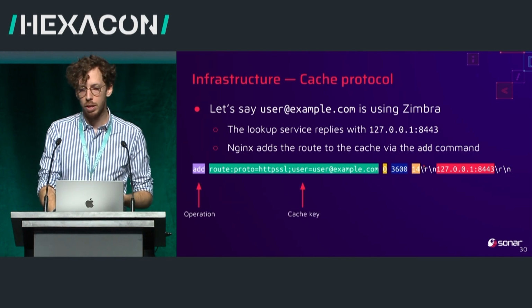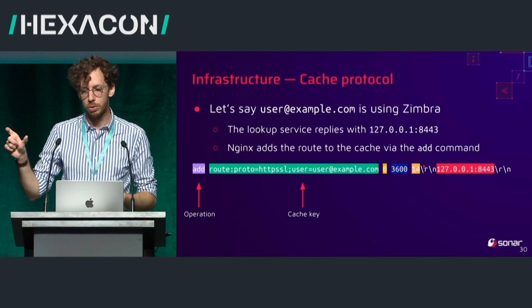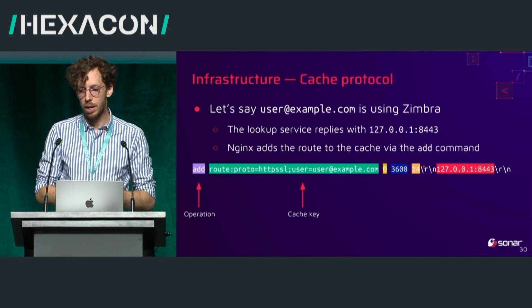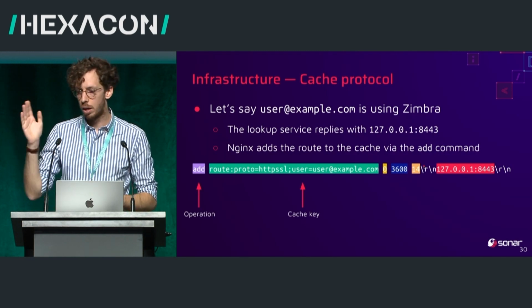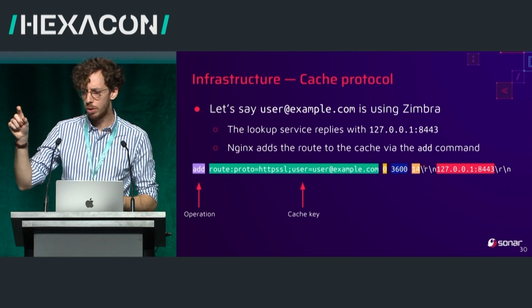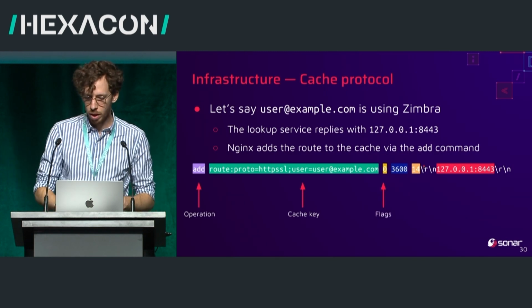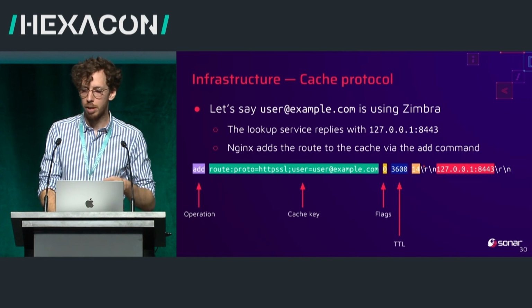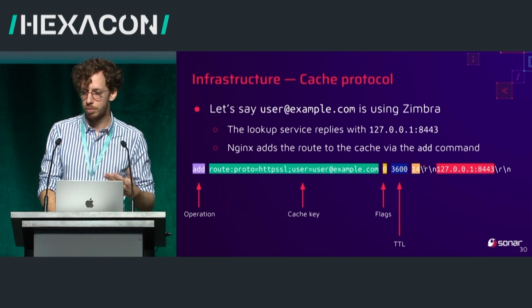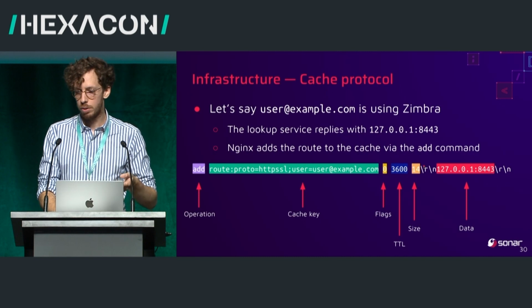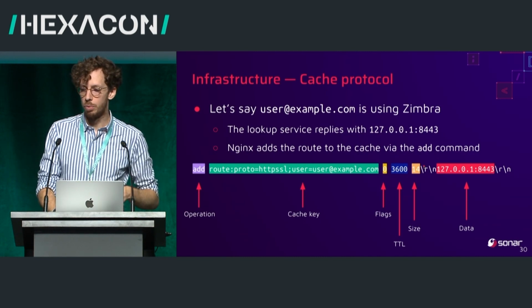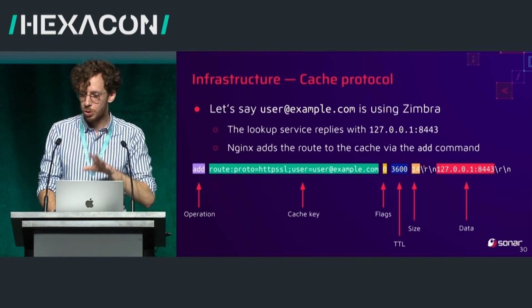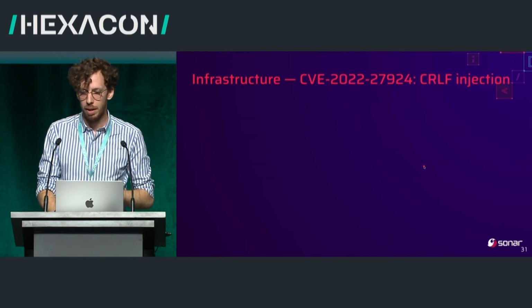We have the cache key, which is route, proto with the protocol the user is using, in that case HTTP over TLS, and semicolon user equals the name of the user. Then we have the flags, which is 0 in this case, doesn't matter. We have a TTL, because this key can be automatically removed by memcache after some time. We have the size, and then we have the data to store, which is the name of the backend server.